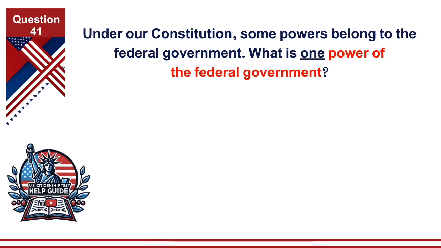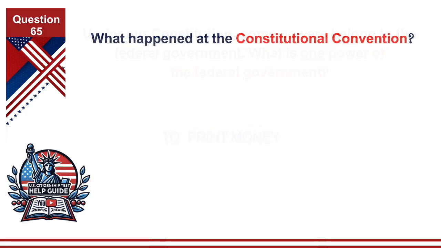Under our Constitution, some powers belong to the federal government. What is one power of the federal government? To print money. What happened at the Constitutional Convention?